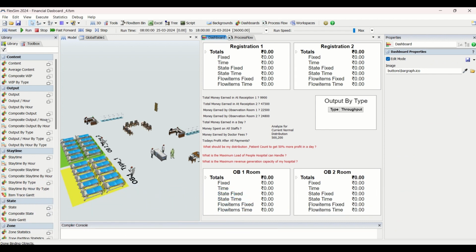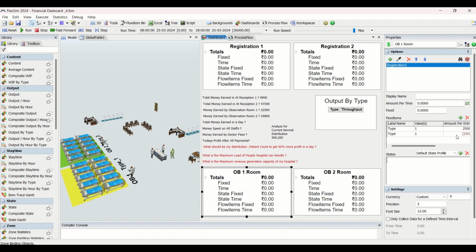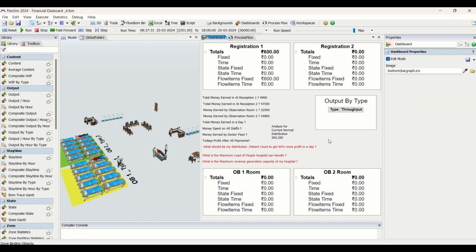So now what we are going to do is, let us remove this and check what is going to come in. So when I reset this and run this, let us look at how the graphs or the financial data look.